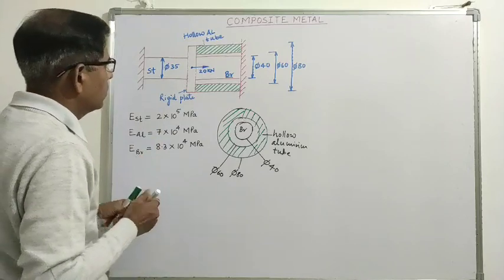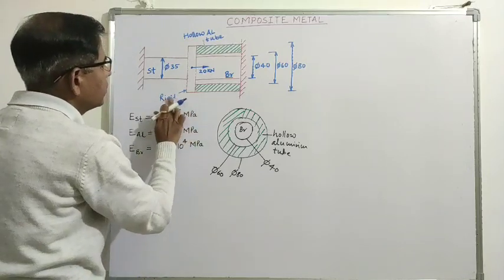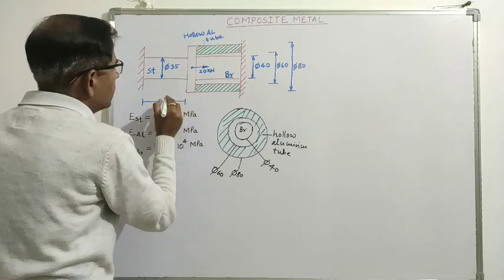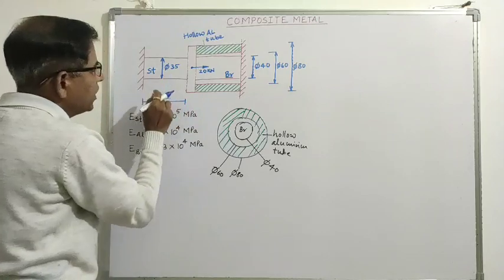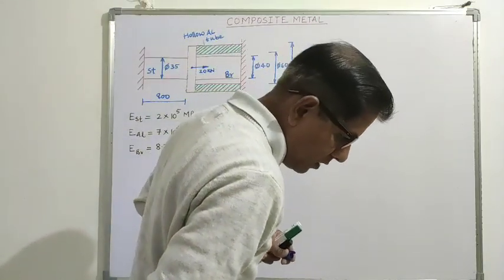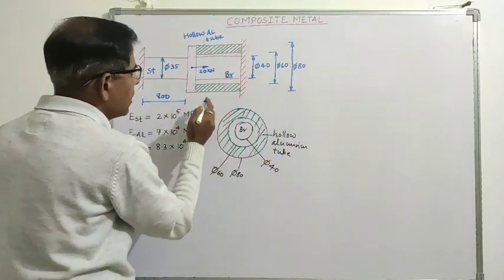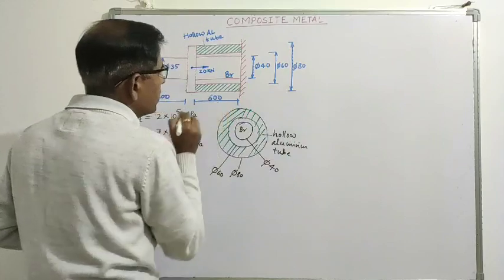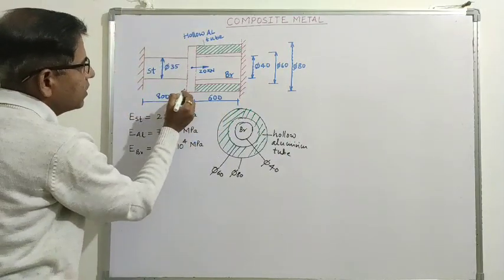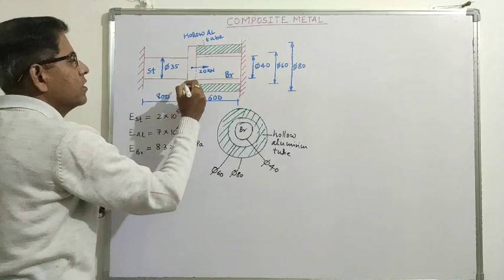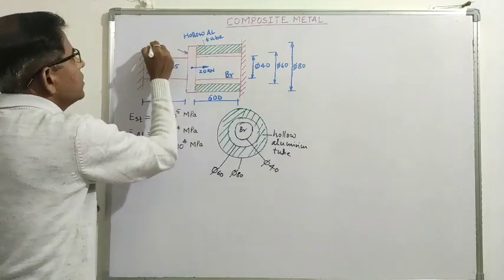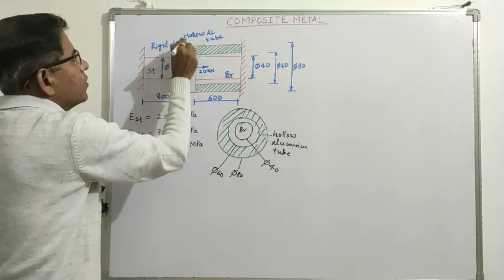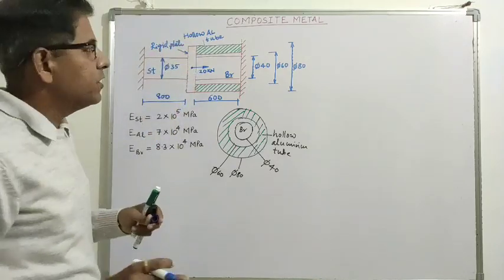The length of the steel member is 800 mm, and the length of this arrangement is 600 mm. The length of the rigid plate is not given.